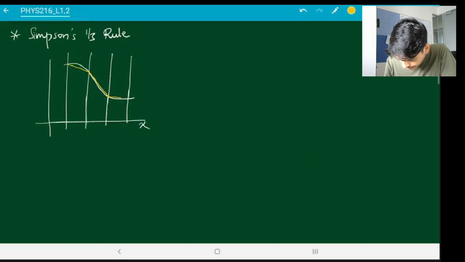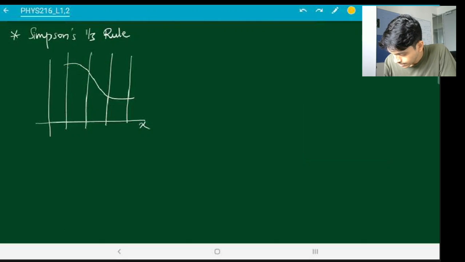So we made trapezoids. Now instead of drawing straight lines, we'll say what if we make a quadratic function. A straight line is a linear function. What if you go to a x square kind of a quadratic function? Will that give us better results?